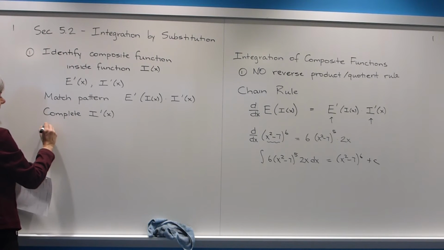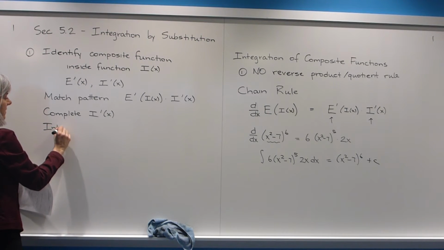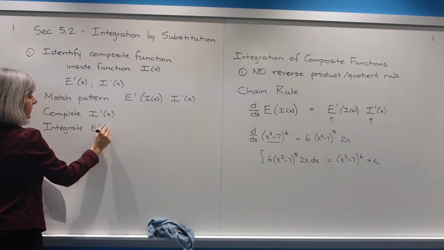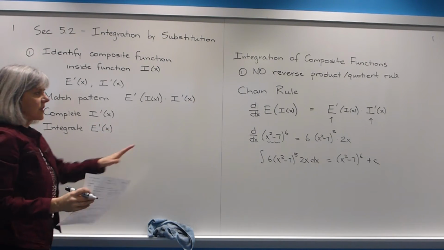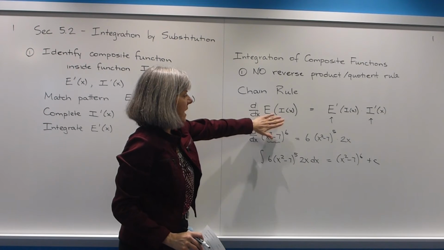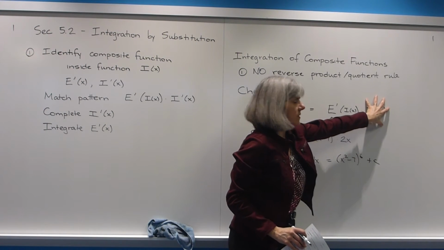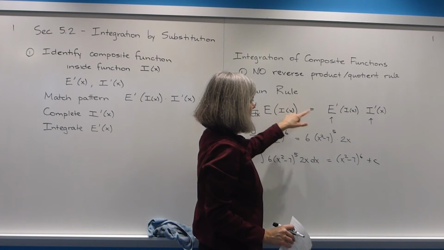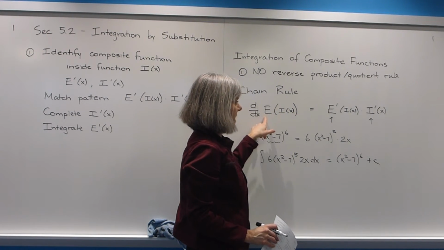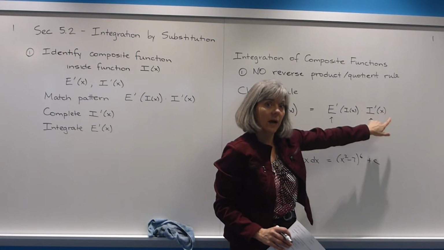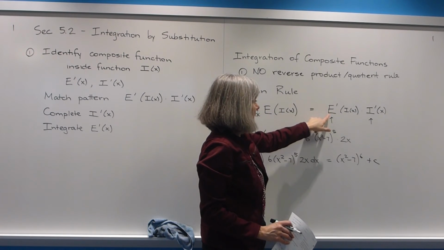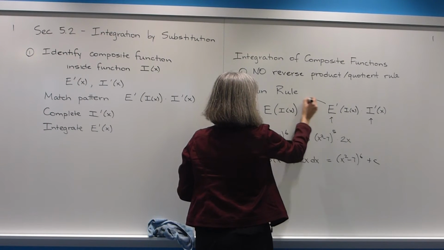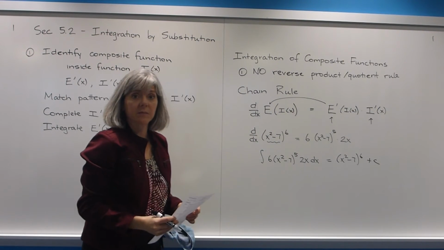Once we have completed that, then we're going to integrate just the e prime part. And that makes sense if you think about chain rule. If I have this complete derivative here, then the only thing I need to do is find e. If I already know I, and I already know I prime, I know e prime, the only thing I have left to find is e, so I just need to anti-differentiate the e prime.